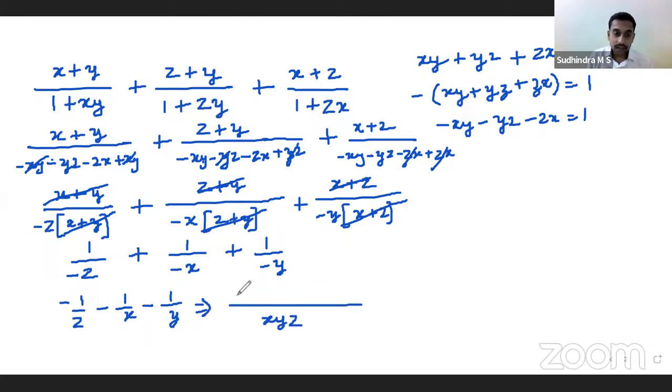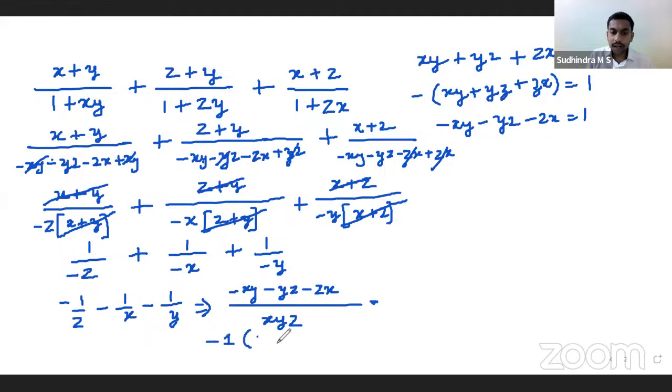If I take xyz as the LCM, minus xy, minus yz and minus zx, correct? Yes. This is what we get. So here again, further simplifying, I'll take minus 1 common.